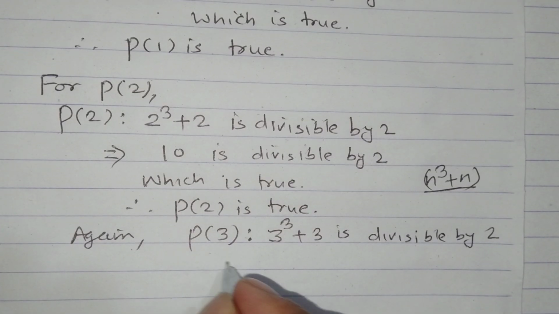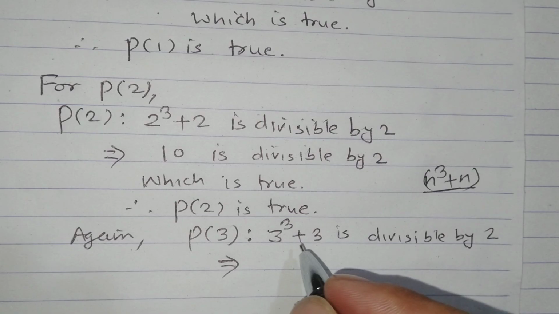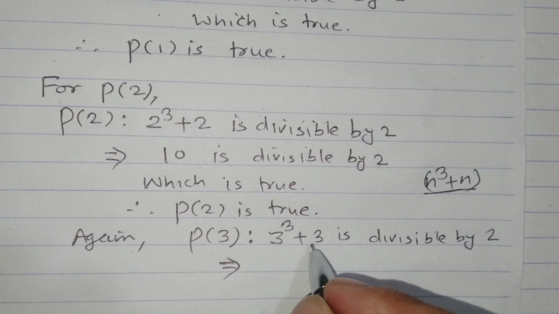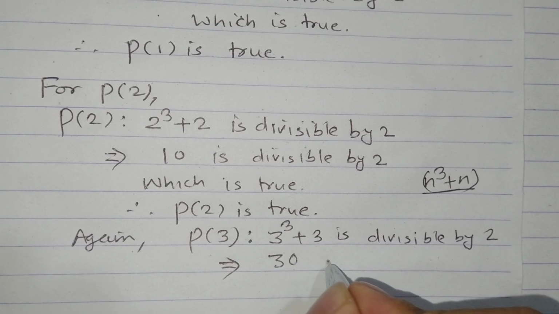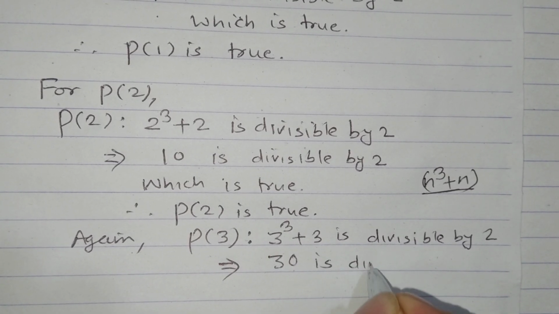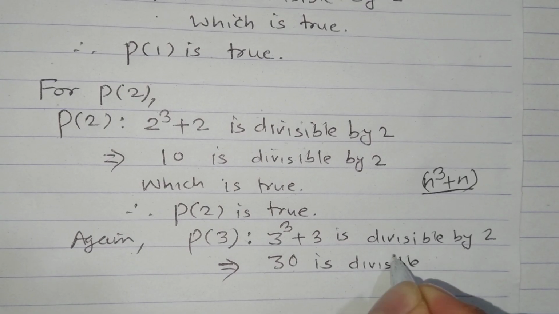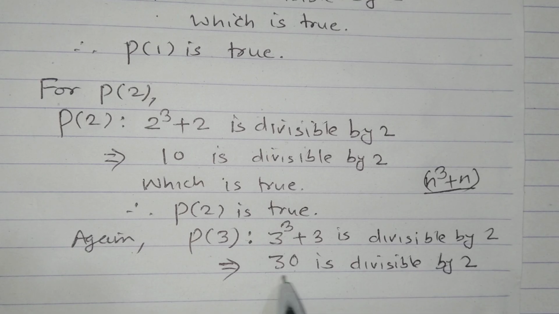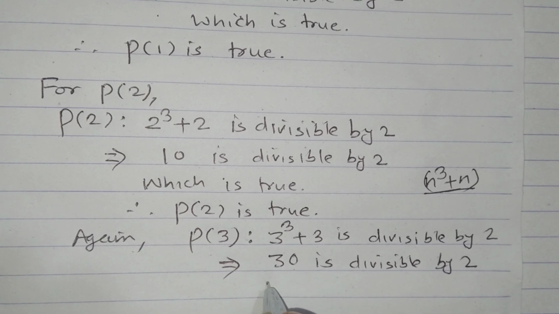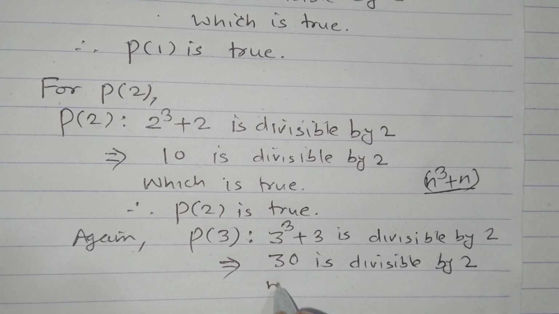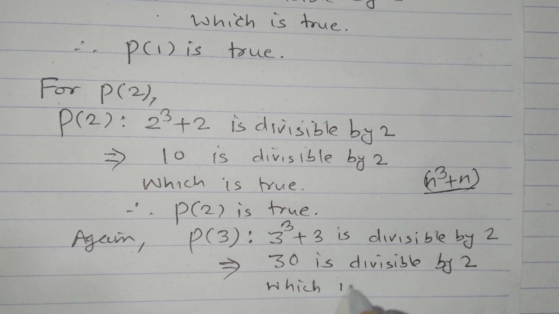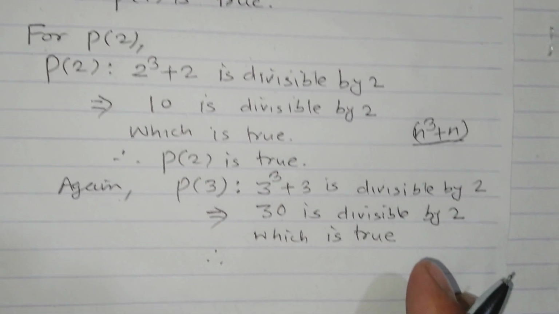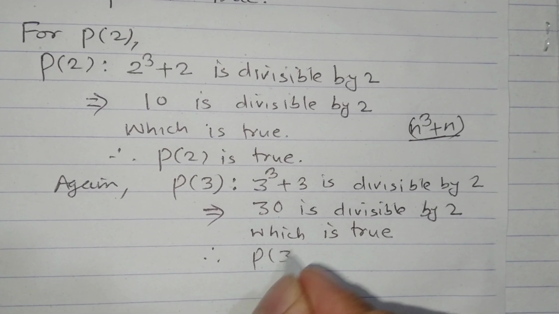So let's check this statement. 3 cube is 27, plus 3, 27 plus 3 is 30. 30 is divisible by 2. Again this is a true statement because 30 is divisible by 2. Therefore P3 is true.